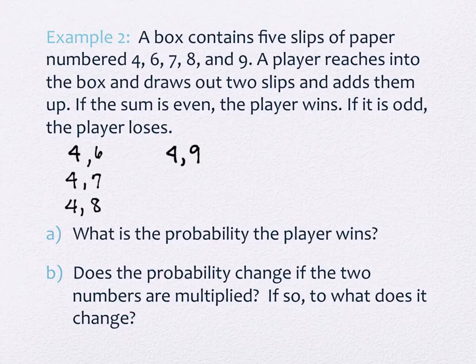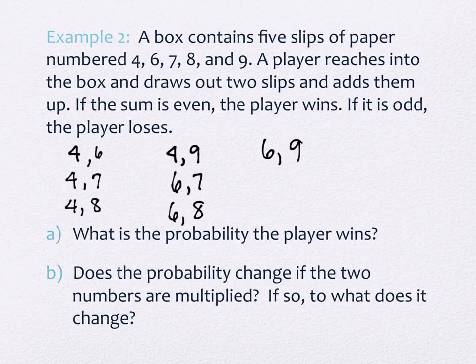But maybe I don't draw a 4. Fine. I can draw a 5. I can't draw a 5, there's not a 5 in the bucket. There's a 6, right? I could draw a 6. But I already wrote down the 4 and the 6 option, so I don't need to write it again. I could draw out a 6 and a 7, or a 6 and a 8, or a 6 and a 9.